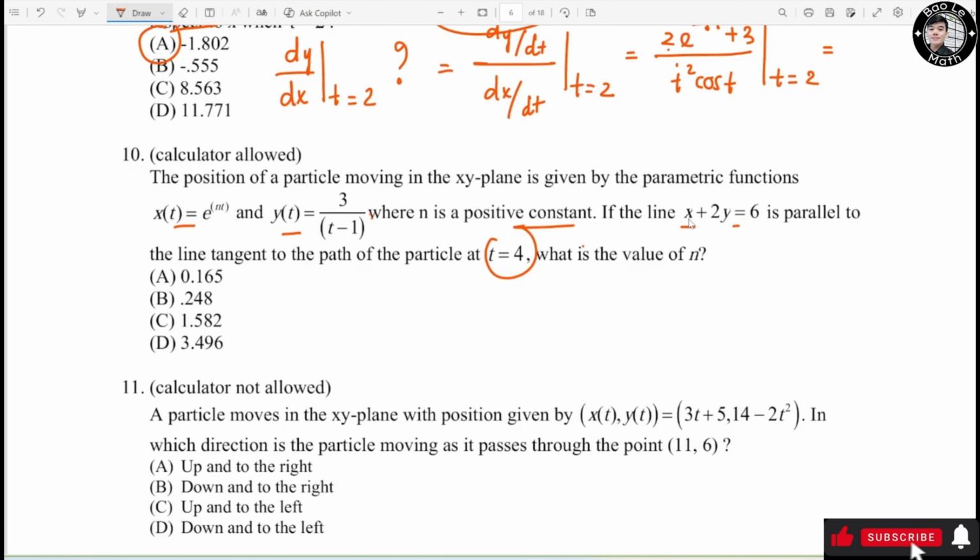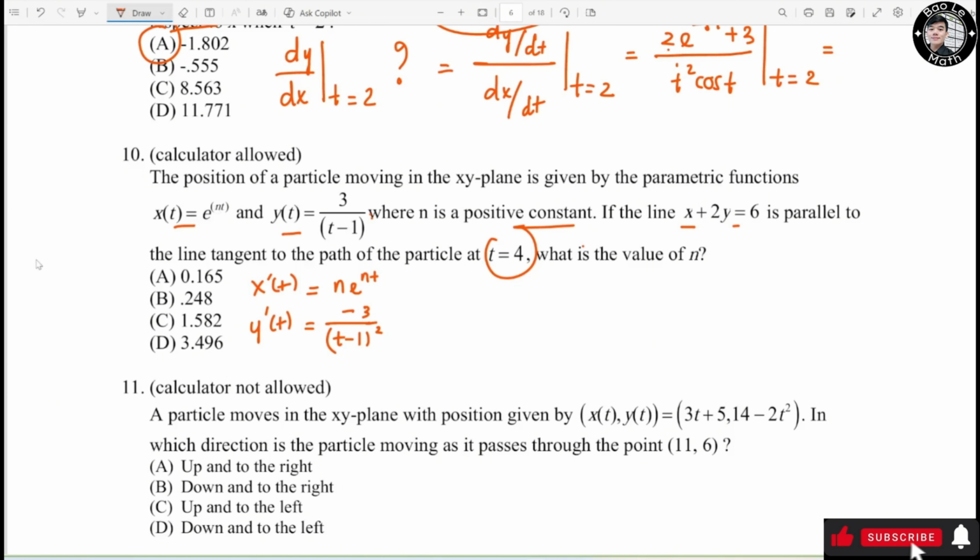Alright, so you need to find the slope, right? So we have x prime of t is n times e to the n t, right? y prime of t equals negative 3 over t minus 1 altogether squared, right?